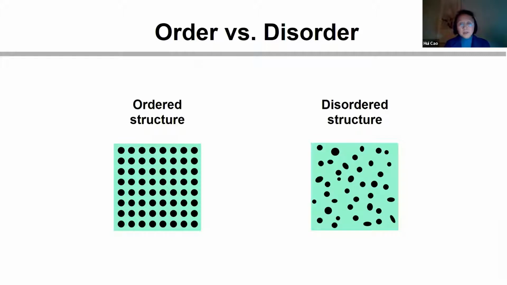Now if we consider disordered structures, we can introduce variation in the size of the particles and in the position of the particles. So then we have many more possible structures, right? That gives us many more opportunities to make things that we wish to have.